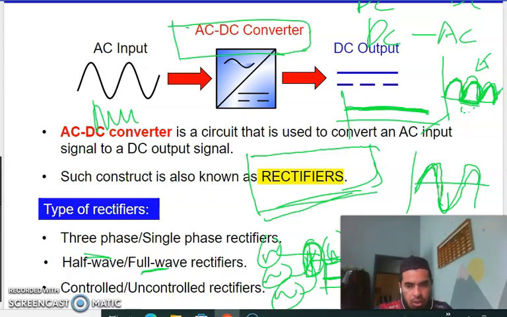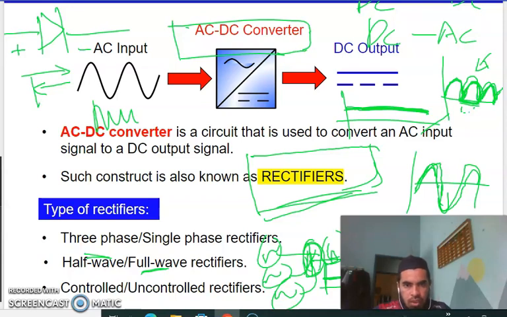What about controlled and uncontrolled rectifiers? If we use only a diode device, this is an uncontrolled rectifier. With a positive bias, the current will flow. With a negative bias, the current will be blocked.